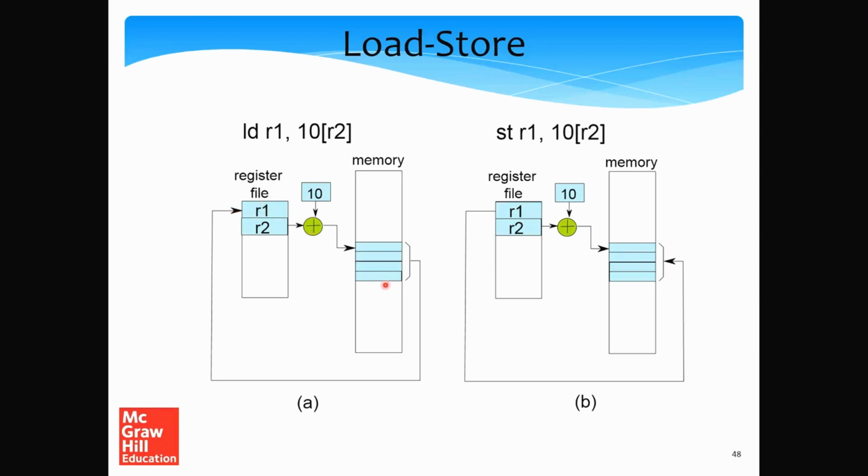In a 64-bit system, it can be 8 bytes, but that doesn't matter. So store actually does the reverse. In this case also we compute the address, but instead of the flow of data being from memory to a register, the flow of data is reversed. It is from a register to memory.